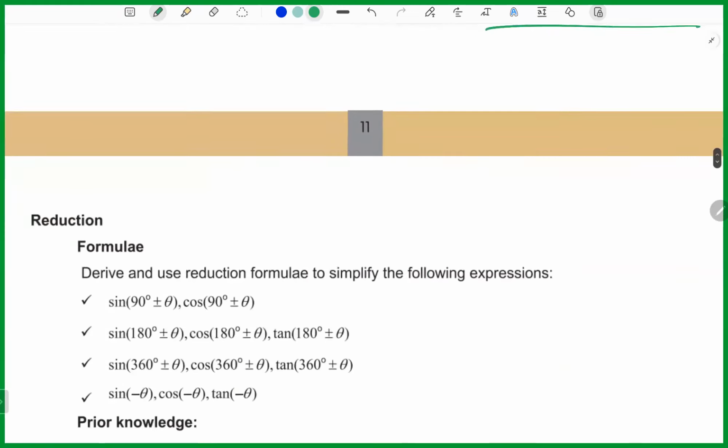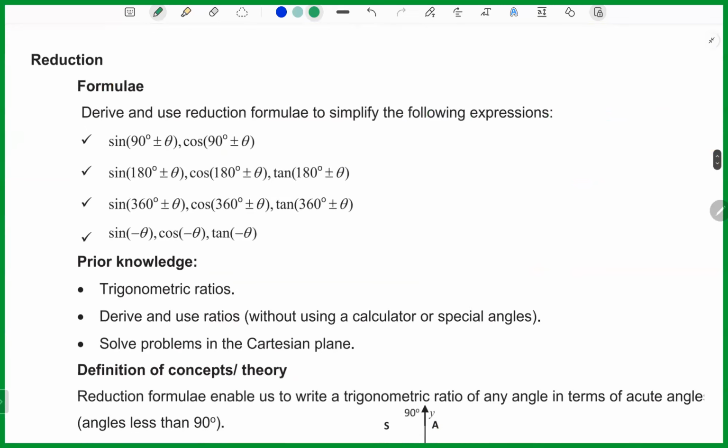Okay, and obviously I want us to spend some time on things we call the reduction formulae. The reduction formulae are extremely important for us to learn. They are very much examinable, so you need to expect them to feature in the exam, and so you need to learn them and make sure you don't just learn them, but also you understand them, these reduction formulae, because if you understand them, then you'll be in a position to succeed.